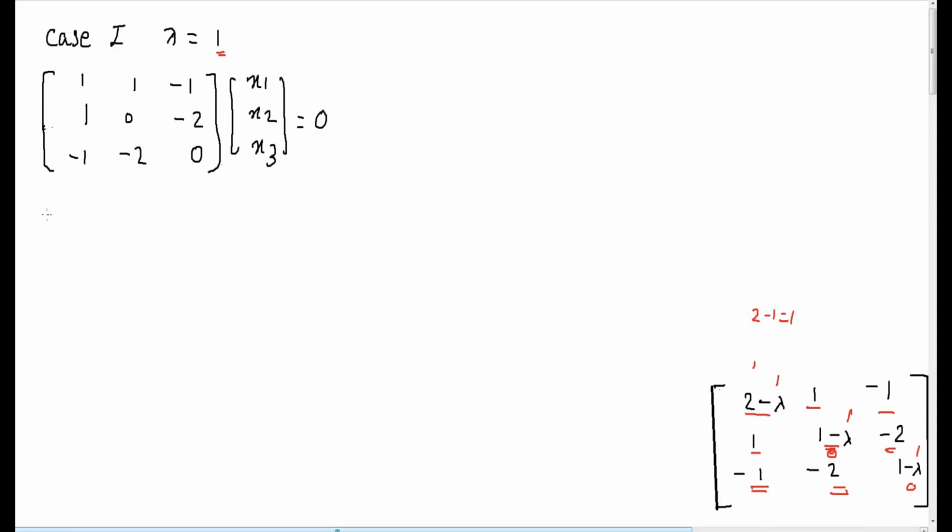Here x1 x2 x3 forms the eigenvector. For finding the value of x1 x2 x3, use the following method.